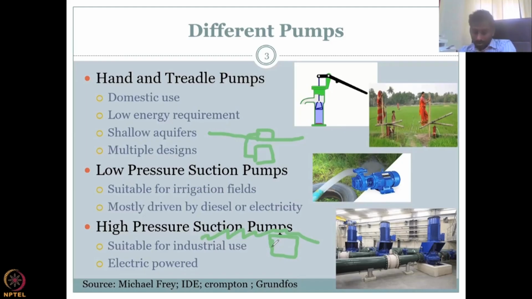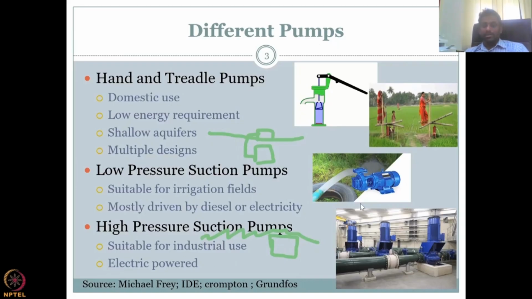There are some issues in putting it in a submersible, sediments, etc. So it depends where you are, what type of aquifer you're using, and how you would like to discuss the groundwater pumping. Okay. So there are centrifugal pumps, and then we would look into other pumps quite soon.